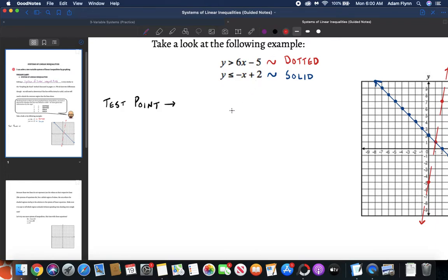And the test point that I always like to plug in is 0, 0. I plug in 0, 0 because zeros are easy numbers to deal with. They just cancel things out.